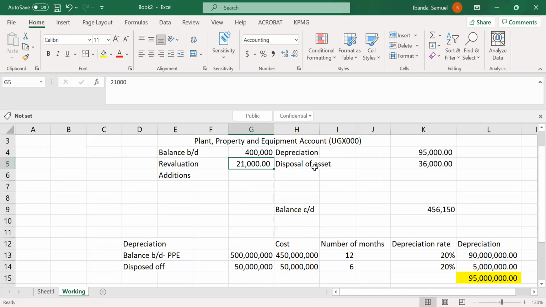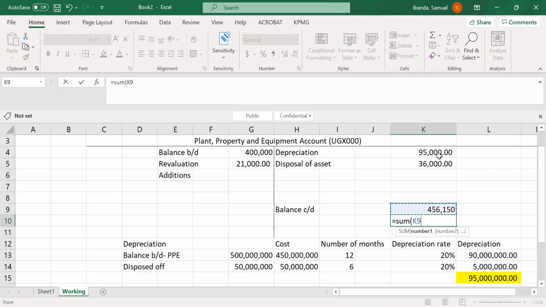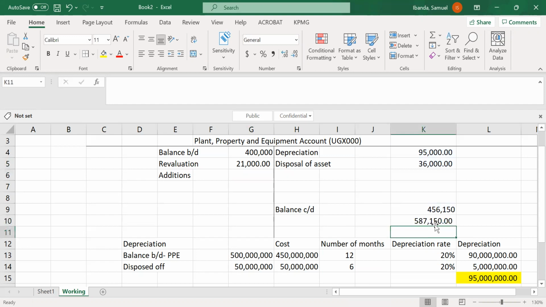This has basically exhausted whatever affects my PPE. So for me, what I'll basically proceed with is to balance off this account and find the additions, which will be the balancing figure on each of the sides. So this side, the summation of this is 587,095, and right here, this is 42.